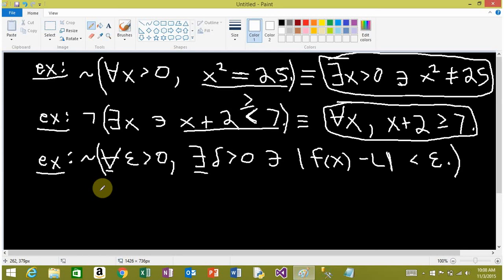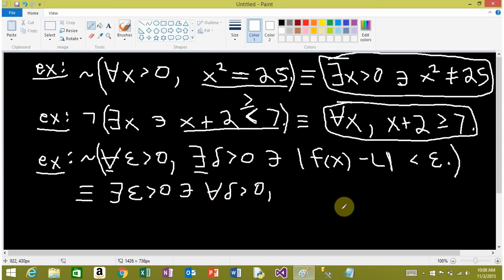So this will be logically equivalent to there exists an epsilon greater than 0, such that, and the opposite of there exists is for all delta greater than 0, comma. And then we have to negate this part right here, the absolute value of f of x minus L is less than epsilon.